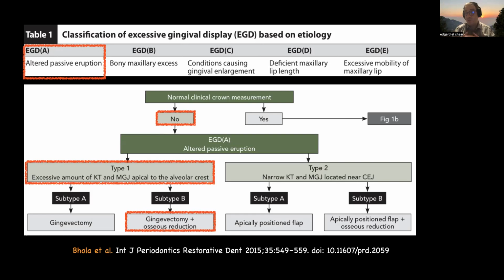This biological width needs a certain amount, which is a groove around the tooth. We call it the sulcus. We have an epithelial attachment and a connective tissue attachment. The addition of all of these comes to an average of 3 millimeters. So this is the most common one that we treat in a periodontal office or even in a dental office.